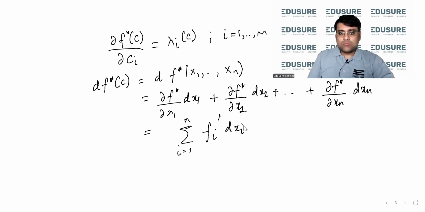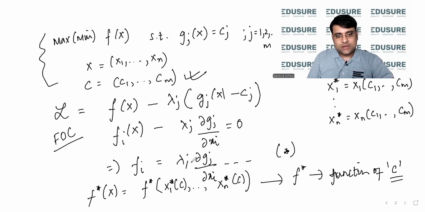Now, from what we had from here, fi is basically lambda j del gj by del xi. So fi is basically that, right? Basically, I'm differentiating with respect to this. Oh, sorry, this is a summation. I'm sorry, here I missed out the summation, j equals 1 to m. There are m constraints.